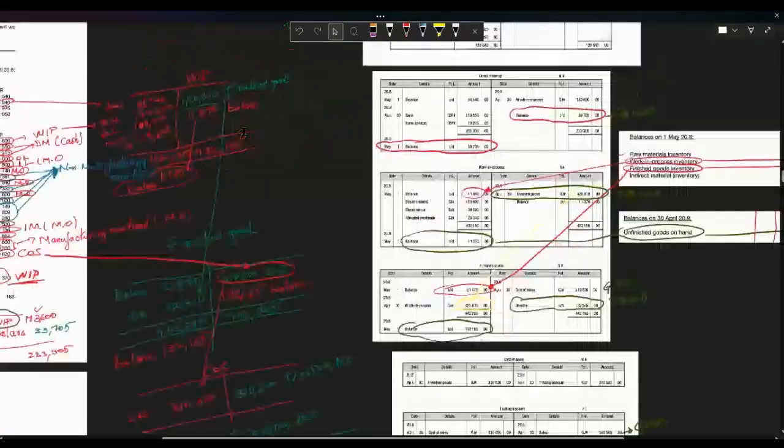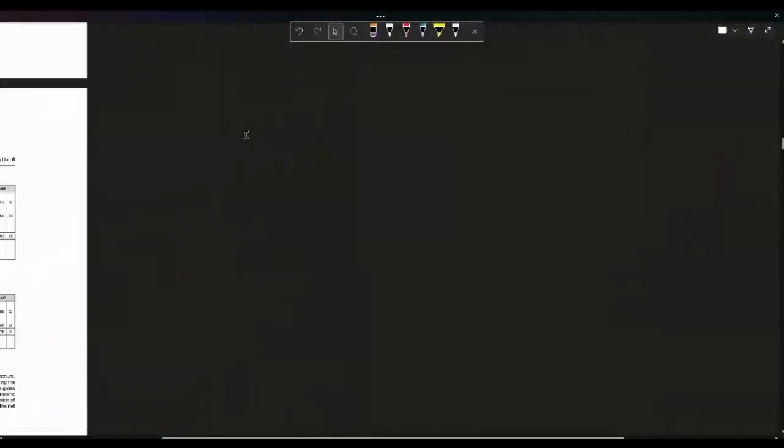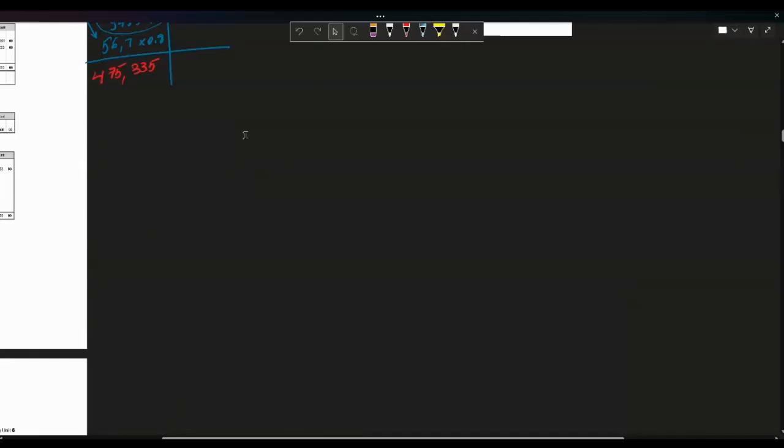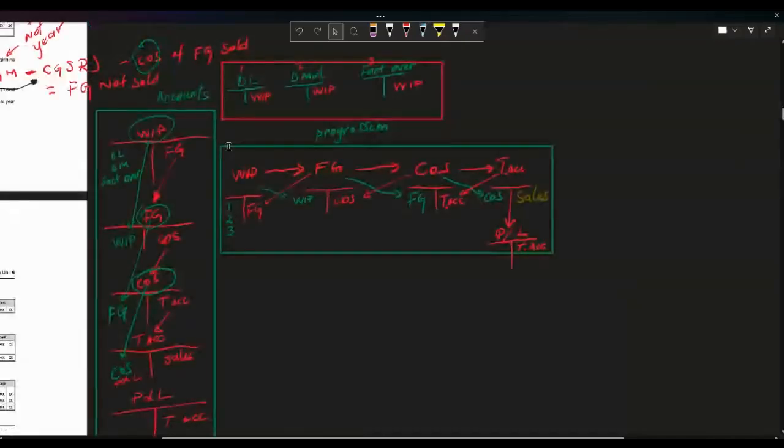So this is how you set all your accounts. Our first part definitely covered this for you, and shows you the progression of these accounts. You will say, wow, it's very difficult to remember all these accounts. No, there are only 5 of them. Remember, there is the input: direct labor, direct material, factory overhead, those that are called the 3 musketeers.